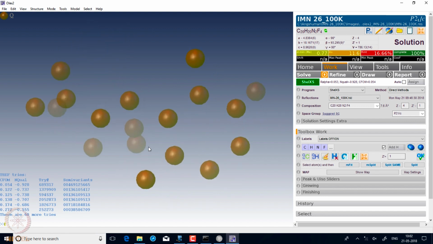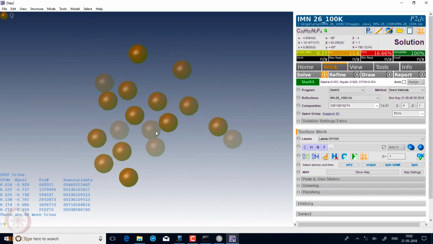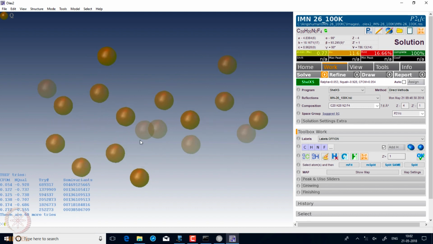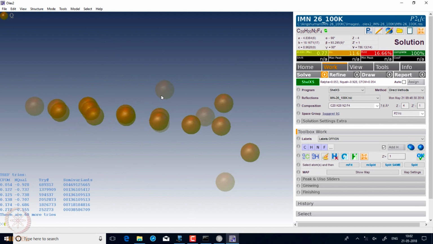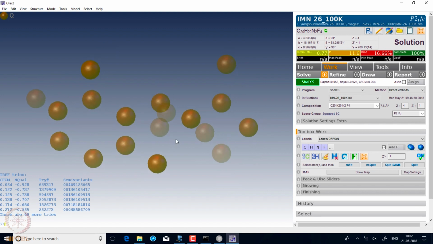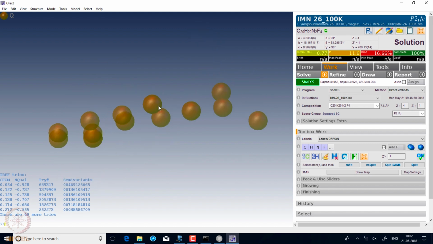It is giving you some atoms which appear as brown spheres, and some brown spheres are bright and some are very light. If you scroll down, you can remove some of those light spheres and only the bright spheres are left.